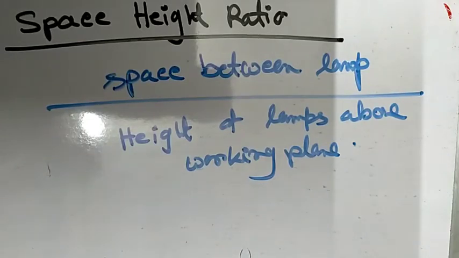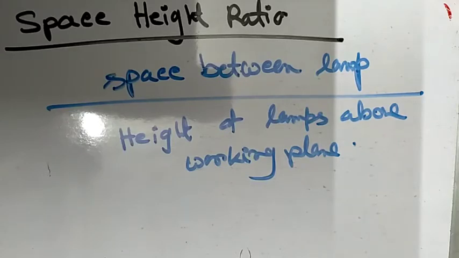Space height ratio employed with dispersive type of reflectors, fluorescent lamps and other direct fittings is 1.5, and with concentrating reflectors it is 1.